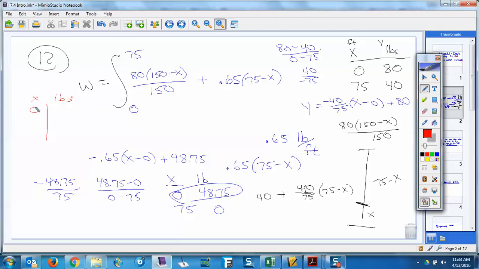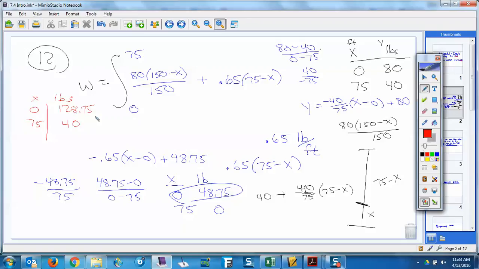They're not changing at the same rate, but when you put them together, there'll be a combined rate that those two are changing. So we start with 80 plus 48.75, so that'd be 128.75 pounds. And once we get all the rope pulled up, what's it weigh? 40, right? Because we have no rope and we have 40 pounds of water in the bucket.